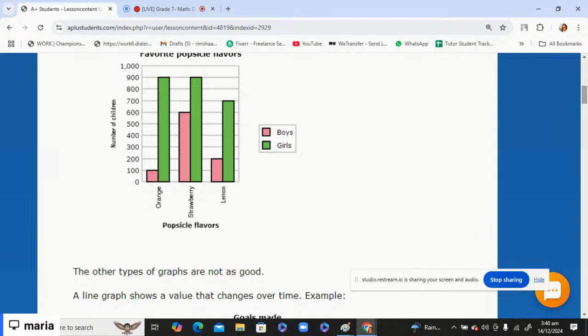Okay, and for the strawberry, look at here, for the boys it's 6,000, and for the girls it's again 9,000. Now for the lemon, the boys is 200 and the girls are 700. These are also clear differences. It's a clear mention of the color as well as how much the value of one thing and how much the value of the other thing.